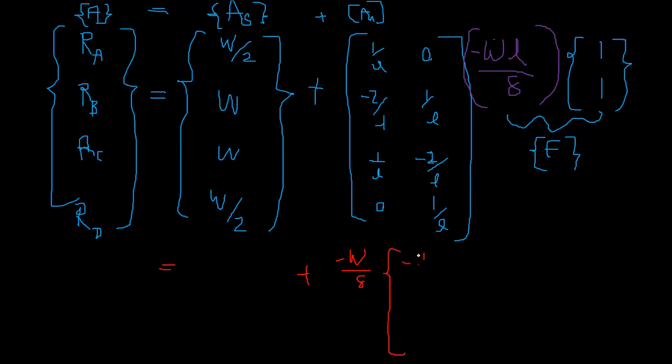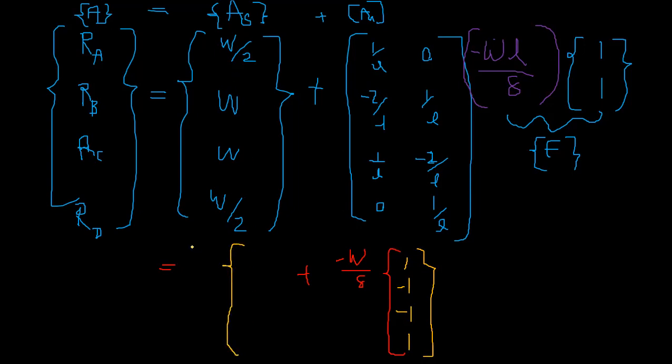It's going to be positive 1. Right. So here it's going to be L is getting cancelled if you multiply it by L. So 2 minus 2 plus 1. So it's going to be minus 1. So here also minus 1. Here also plus 1. So you can see this matrix is also symmetric. RA equals to RD, RB equals to RC. If you want, you can find it that way.